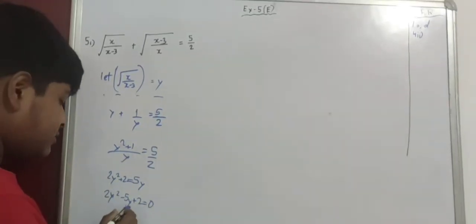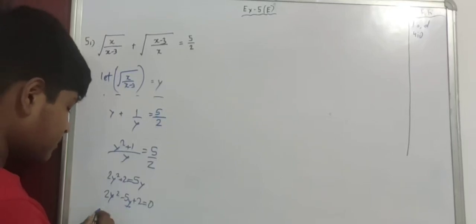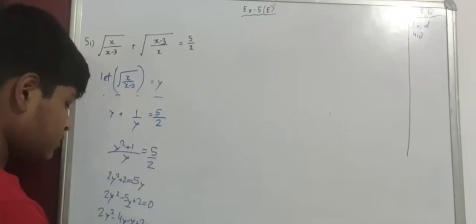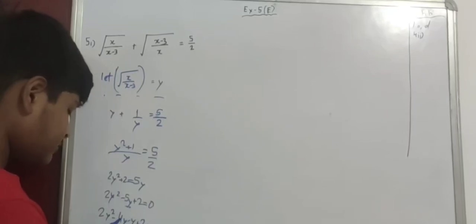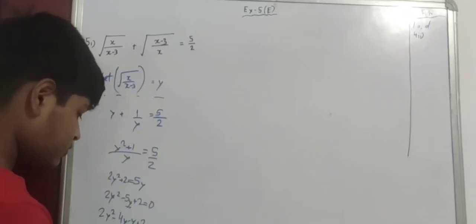On doing the middle term split, you will get 2y square minus 4y minus y plus 2 is equal to 0. You will get 2y outside and inside y minus 2, minus 1 y minus 2 is equal to 0.